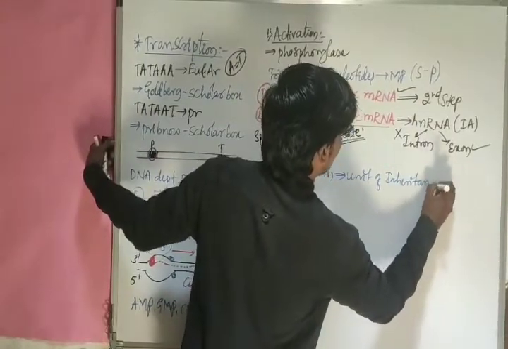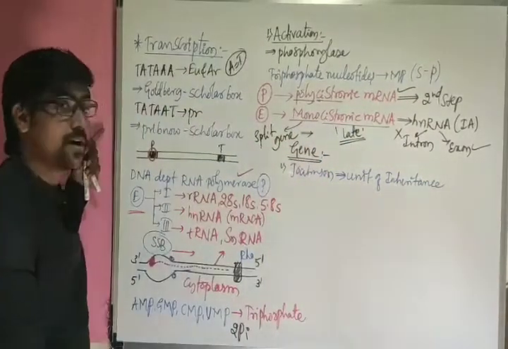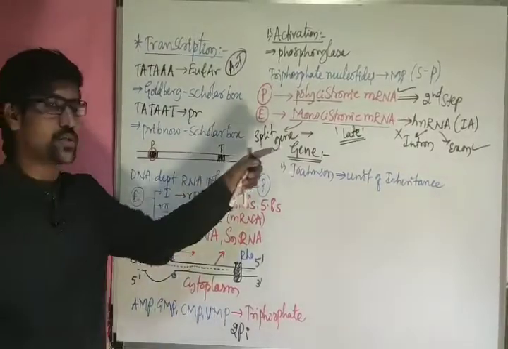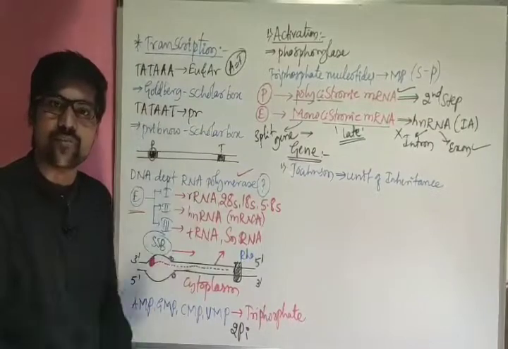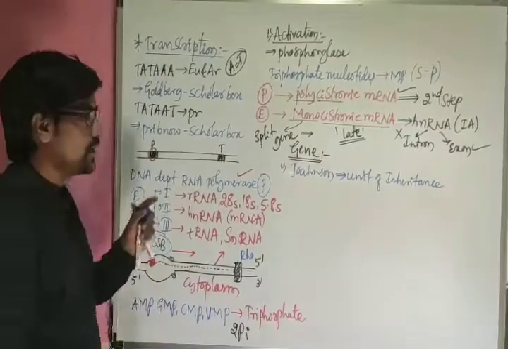So gene means unit of inheritance, of course according to Mendel also, but he did not use the term gene, he used the term factor. According to them, gene means unit of inheritance, transferring of character.